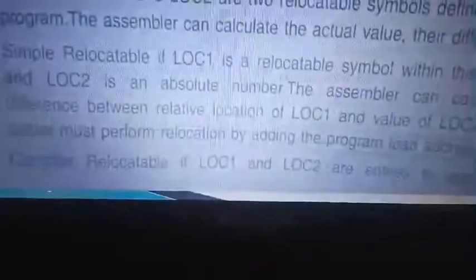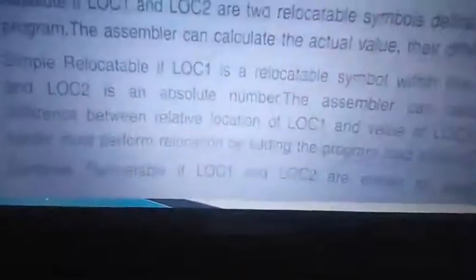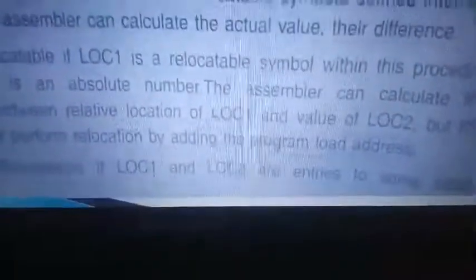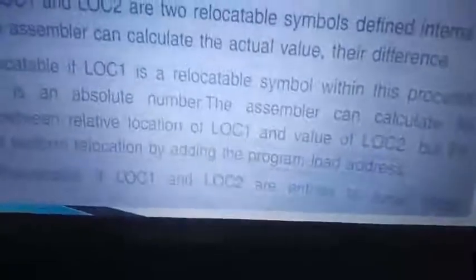The third problem is the complex one, which is a bit higher than a simple relocatable. That is when you have two variables, local 1 and local 2, and these are entries in some other program. We don't have it exactly in this one, but consider GH in the second program. We don't have anything for GH, not even the address.